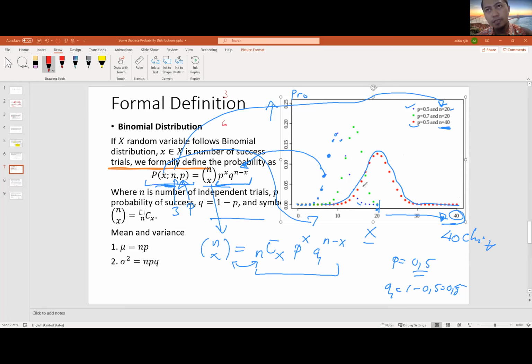I mean, the pattern is similar, but the maximum probability is decreasing, because we have a spread. So the slope is not so sharp. Tidak terlalu curam ya, jadi melandai gitu.